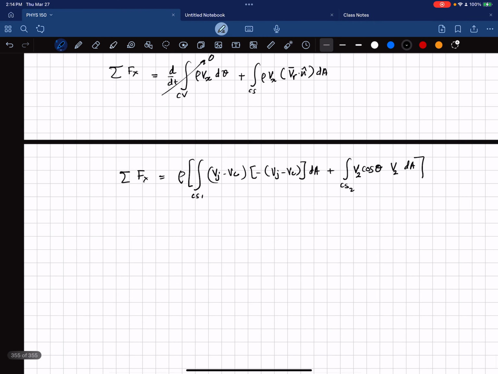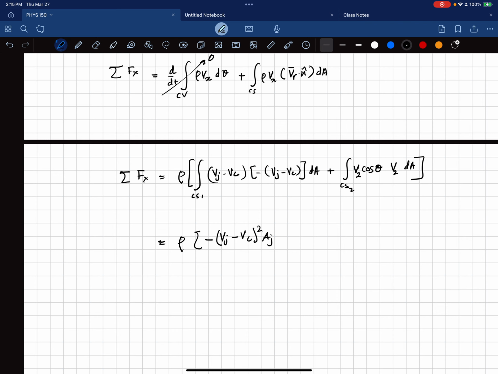And we can close the bracket, and then we have rho negative Vj minus Vc, negative Vj minus Vc, Vj minus Vc squared Aj, right?